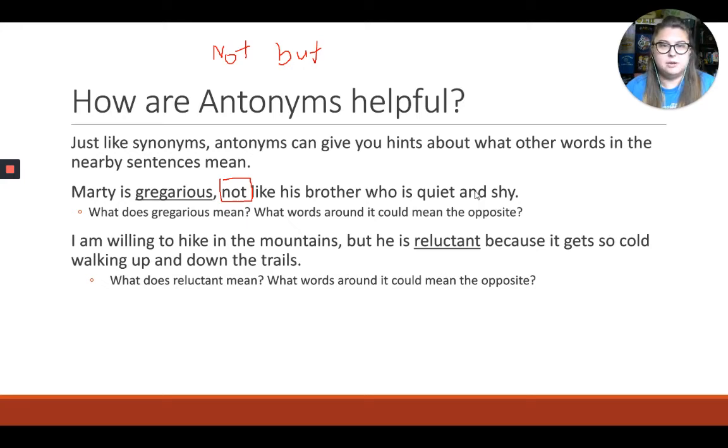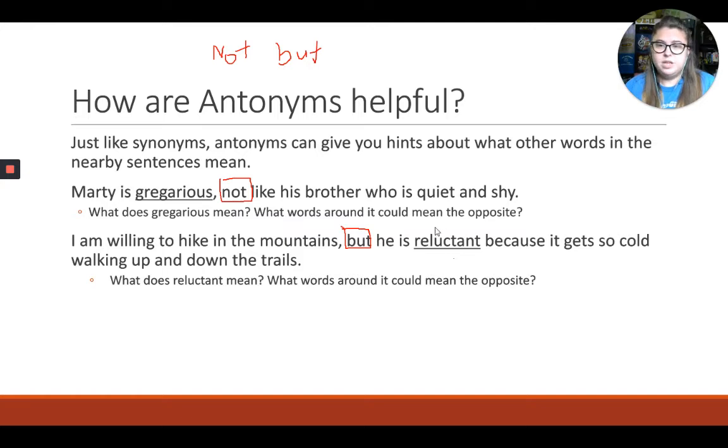I understand that. So what we're doing is we are using the clues inside of the sentence to find meaning for our antonym word. Let's do the same thing in our second sentence. I'm willing to hike in the mountains, but he is reluctant because it's so cold walking up and down the trails. The first thing I notice is this word but. So but is another one of those words that tells me an opposite is present.